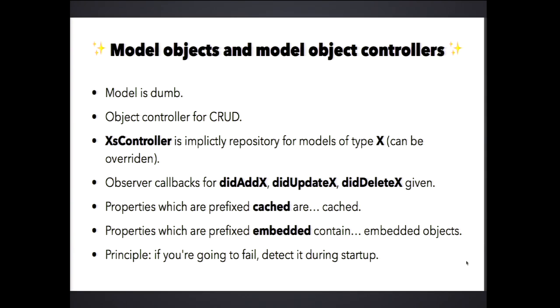One of my personal favorites out of this has been that we've got certain prefix properties that have some defined behaviors. So for instance, if something is prefixed with cached, it means that this is going to be treated as a kind of derived state that can be wiped out when the data changes.